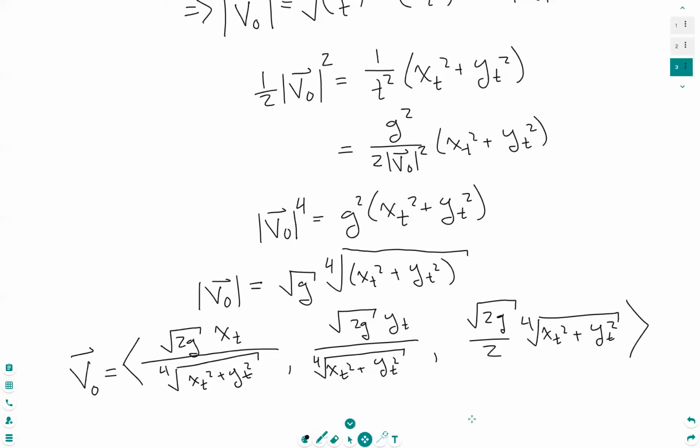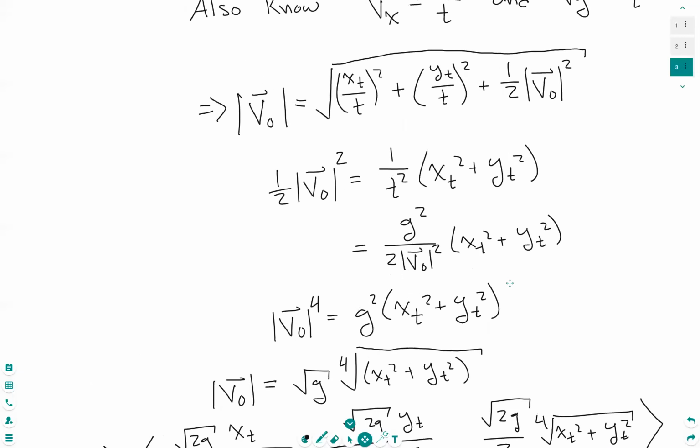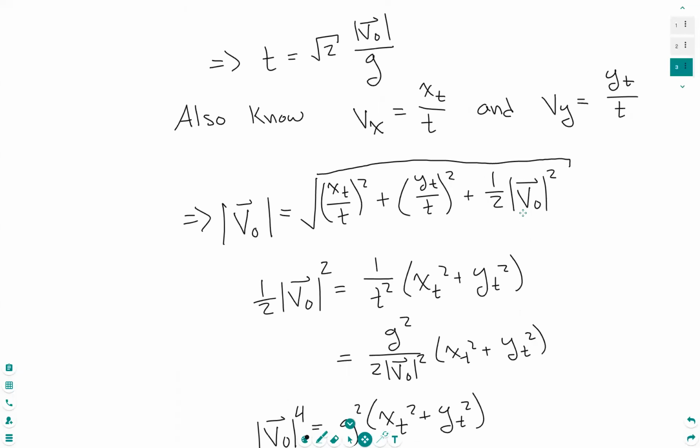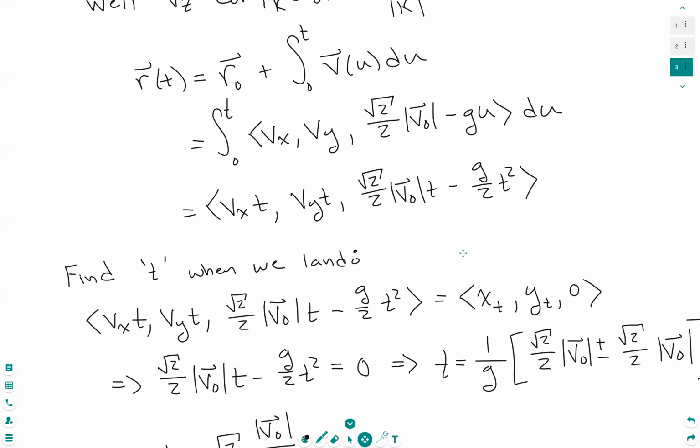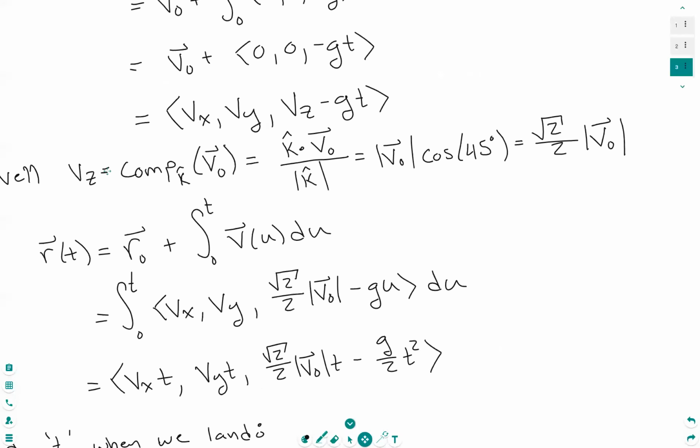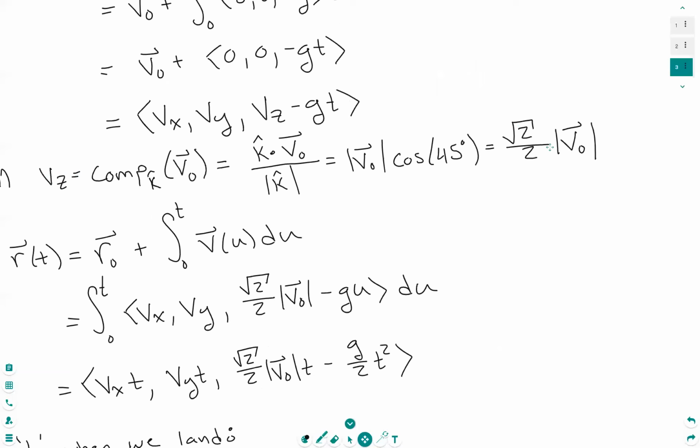When we calculated V naught in magnitude, how did we get that the z component was 1/2 of V naught squared? This component right here. So we said originally that Vz was the square root of 2 over 2 V naught.